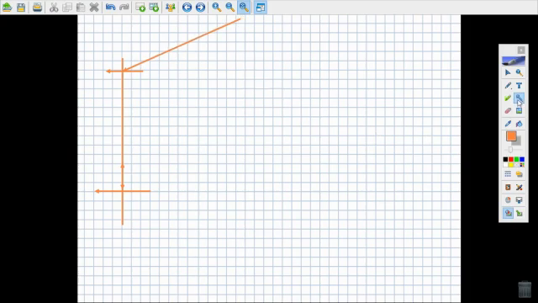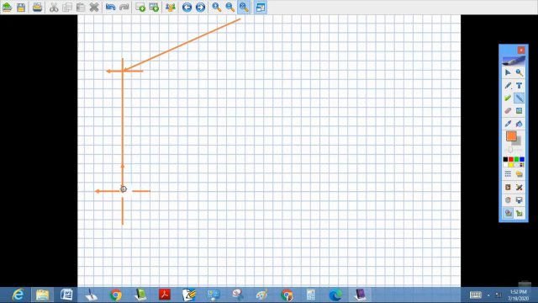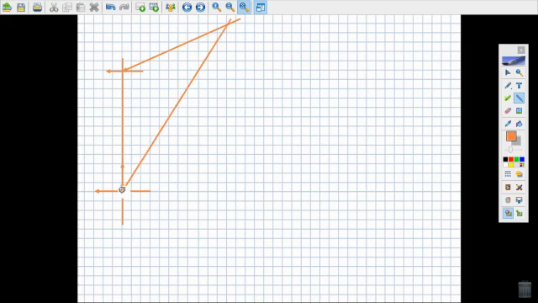And then we join. Now we label the completed triangle.